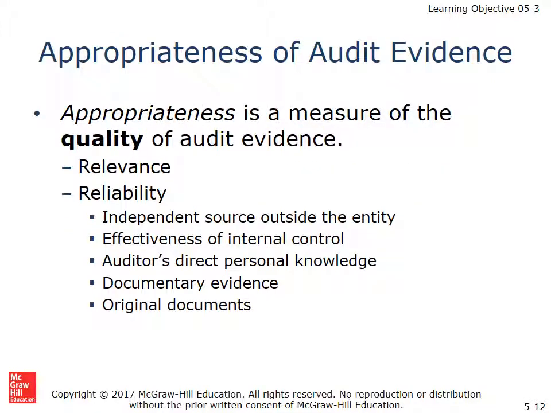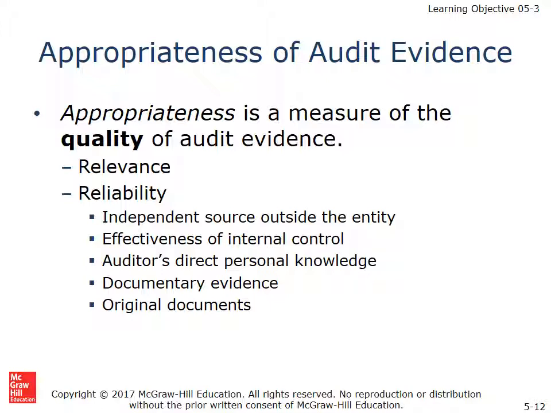What's the appropriateness? This is a measure of the quality of the audit evidence. Is it relevant? Relevancy is the first, and this is described on page 136. The example is a normal audit procedure for testing an assertion about whether all goods shipped to customers are recorded in a sales journal. So you want to determine, is everything that was shipped in the sales journal?